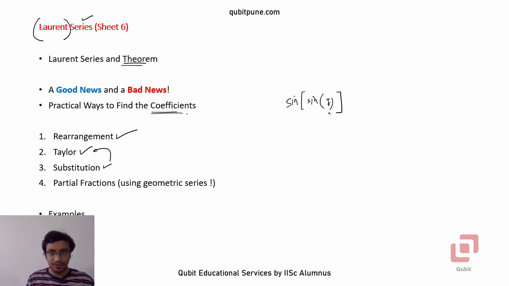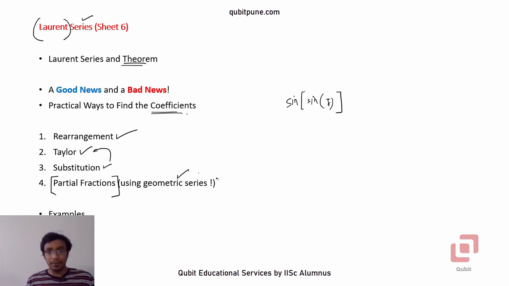Basically you substitute for the inner function as t, and then again you use the Taylor or Maclaurin series. Quite often you are also required to make use of partial fractions. This is true when you have a rational function, and you are also required to use geometric series here.